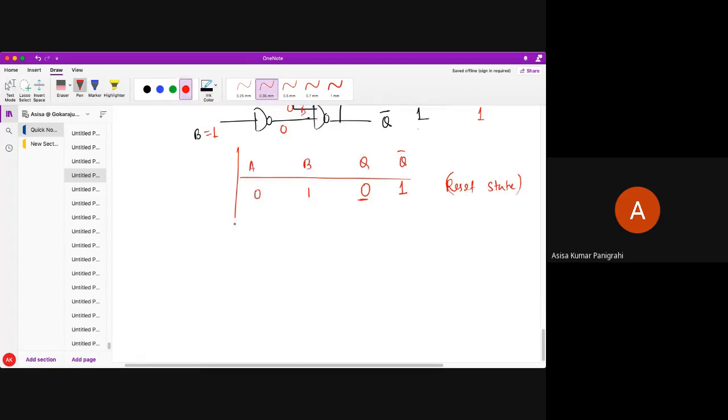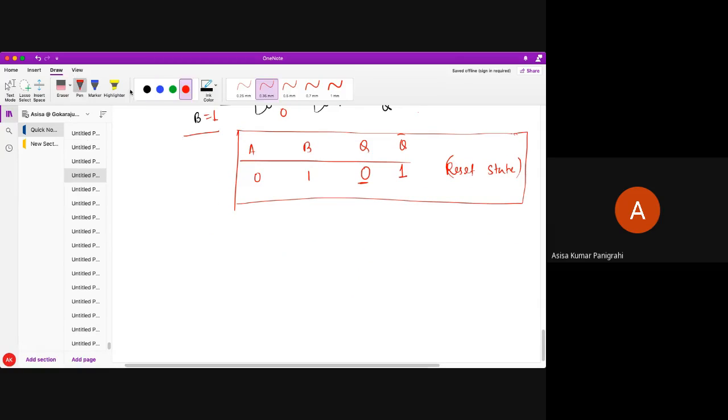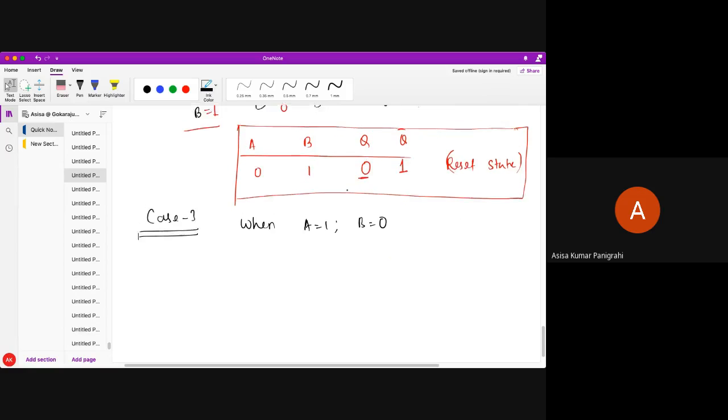Now, my desired value 0, I can store if I give A equal to 0 and B equal to 1 to this particular logic circuit. Now case number 3. If you are not understanding, ask me, students. When A equal to 1, B equal to 0, what will I get?